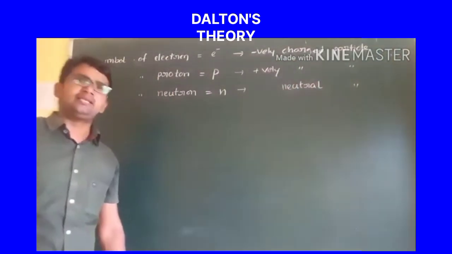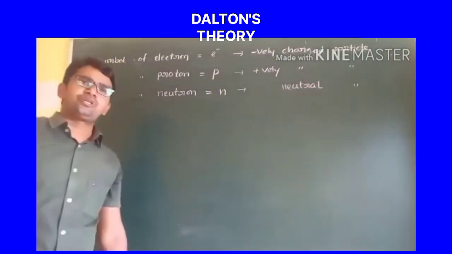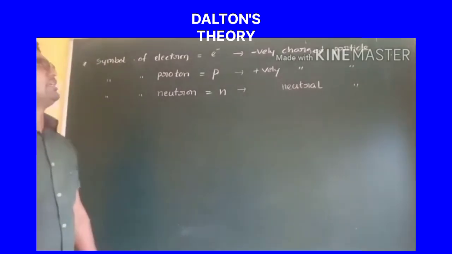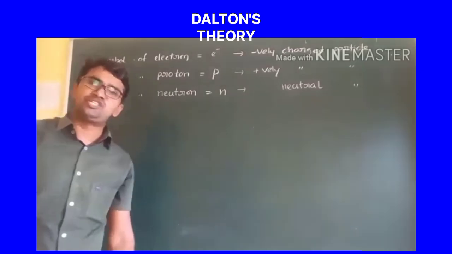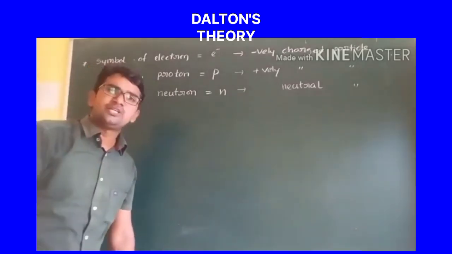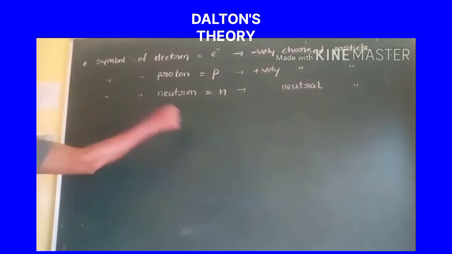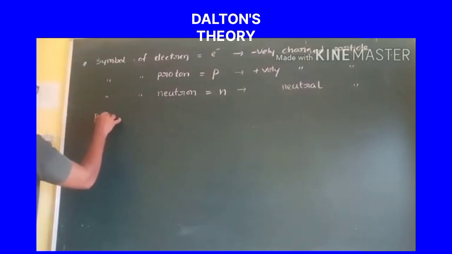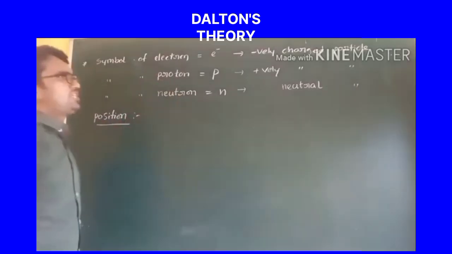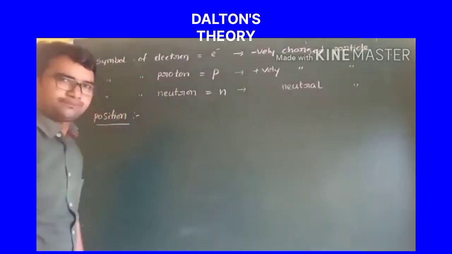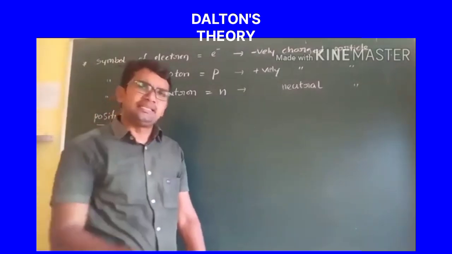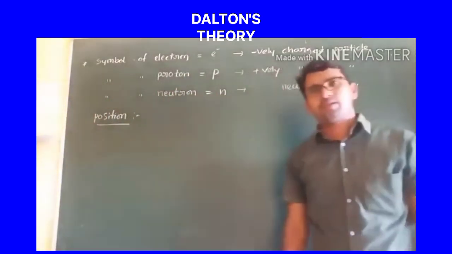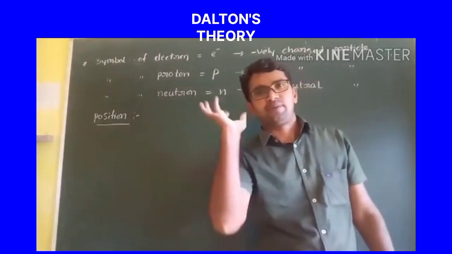Electron symbol e minus, proton symbol P, neutron symbol N. And electron is a negatively charged particle. Proton is a positively charged particle. Neutron is a neutral particle. Now position. Position of fundamental particles. This is the most important one. In any atom, one center is present.